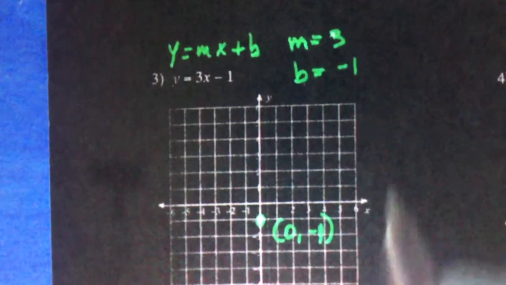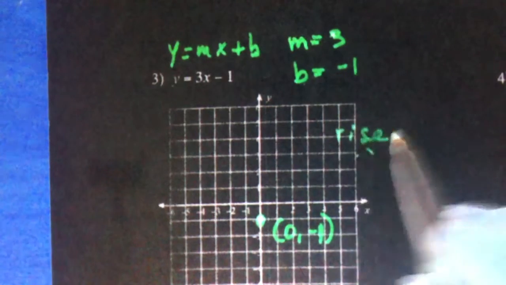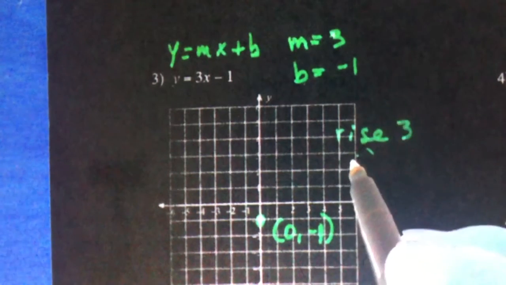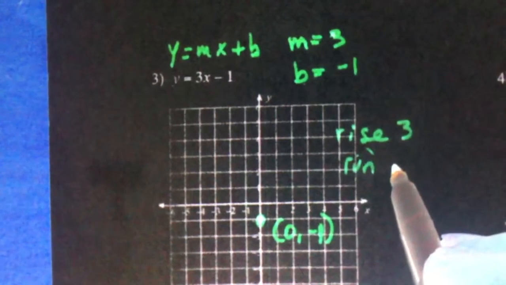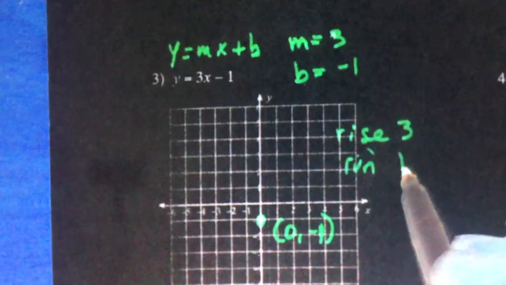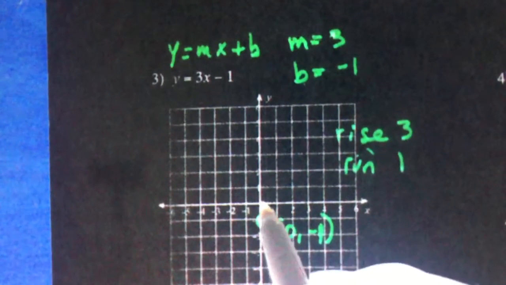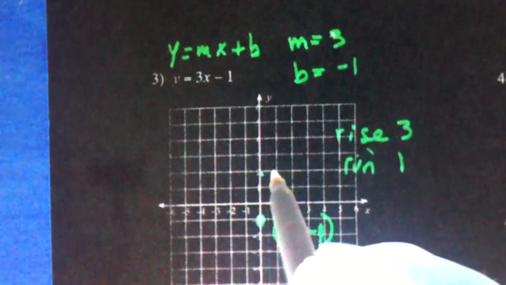Now we're moving rise over run. Rise up 3 and run, sorry, there's 3 over 1, so run to the right 1. So rise is 3, run 1. We rise up 1, 2, 3, and we run 1.